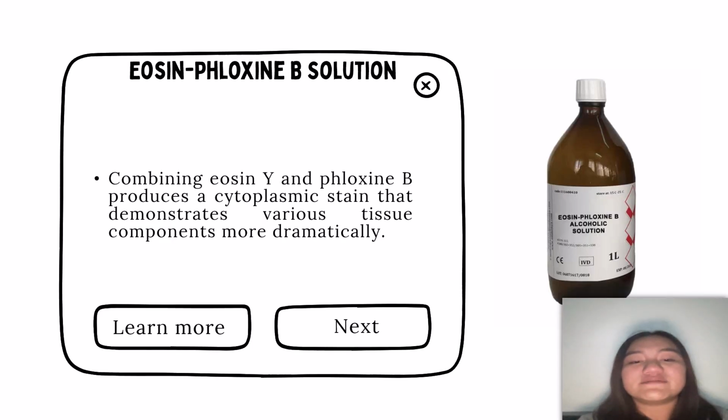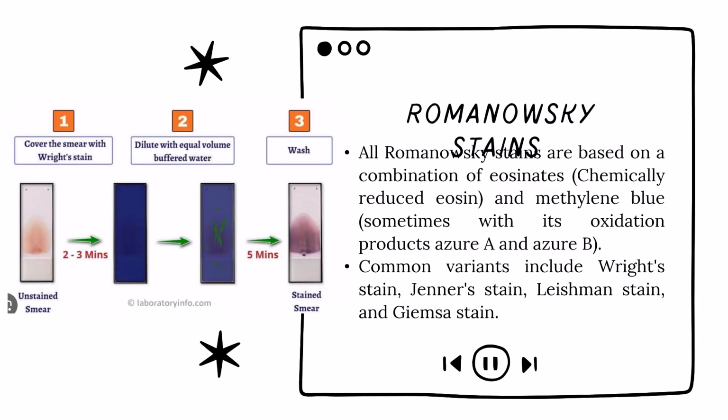Eosin phloxine B solution combines eosin Y and phloxine B, producing a cytoplasmic stain that demonstrates various tissue components more dramatically.